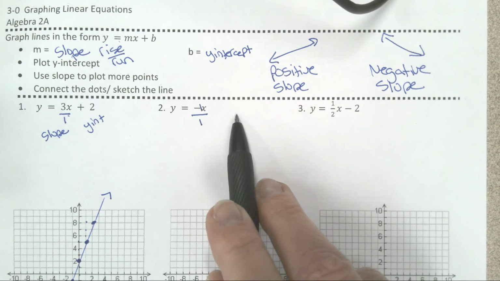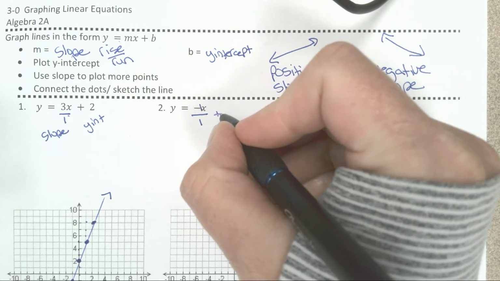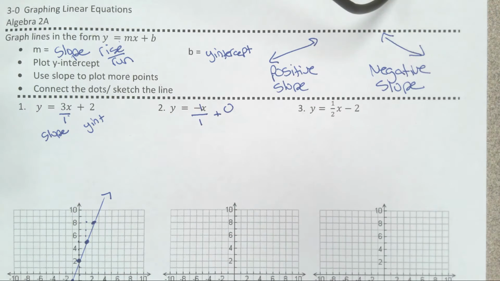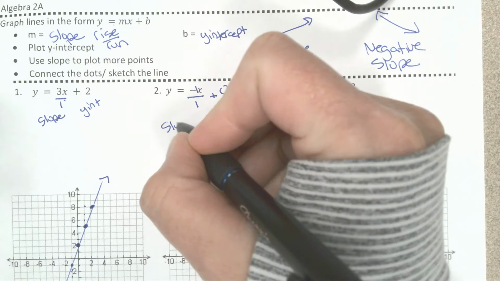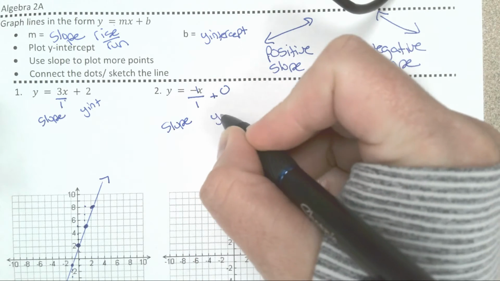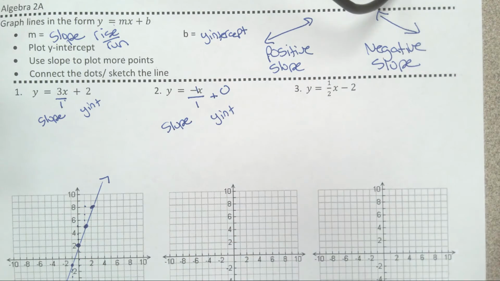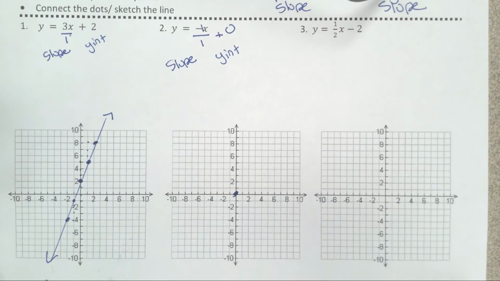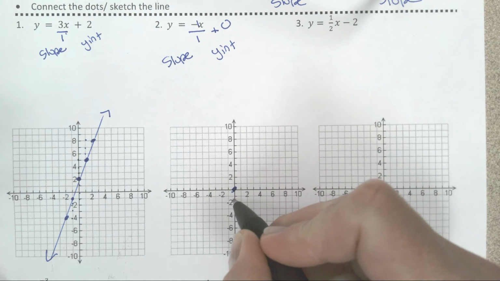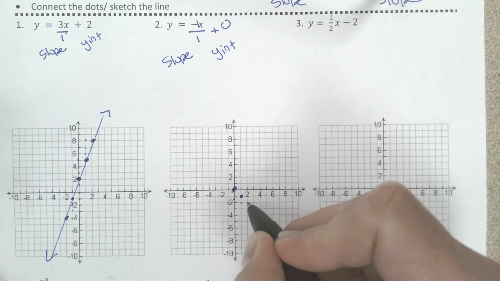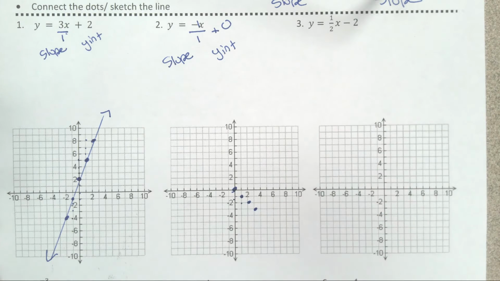And the y-intercept, if there's nothing there, that means we can put in a 0. So we have our slope and our y-intercept now. I'm going to start here at the origin, and if my slope is negative 1, that means I'm going to go down 1, right 1, down 1, right 1, down 1, right 1.